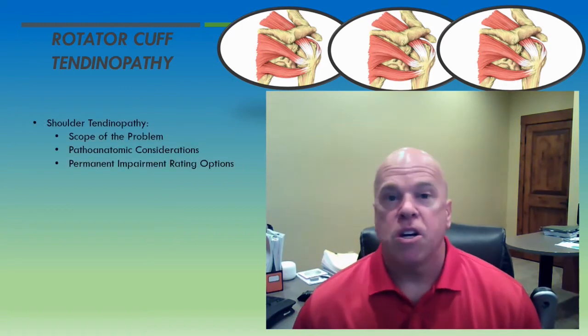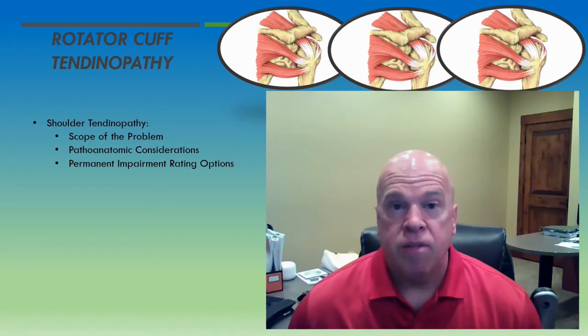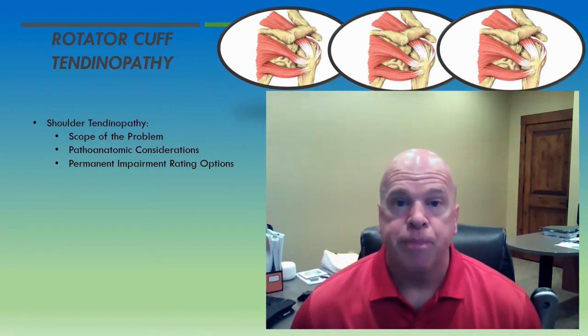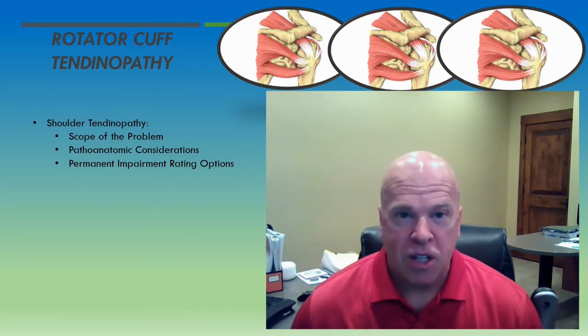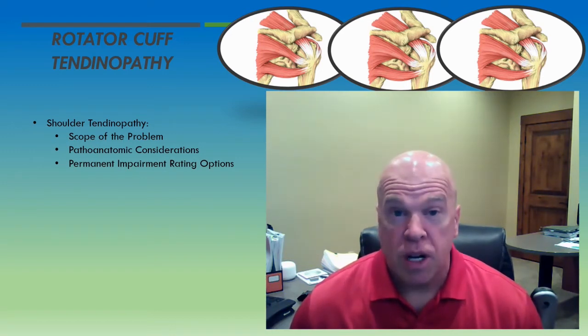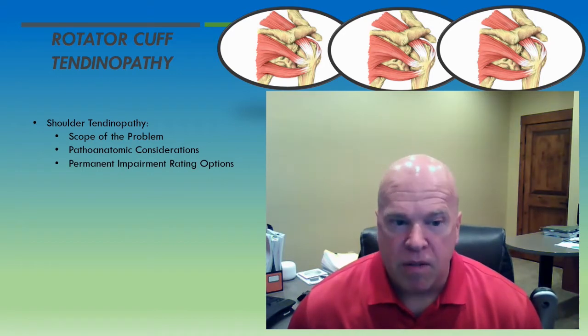So in today's discussion, we want to talk about the scope of the problem. In other words, the incidence and the prevalence of shoulder pain, both in the general population and then also in the industrial setting, which includes your examinees that you're going to encounter as a qualified medical evaluator.